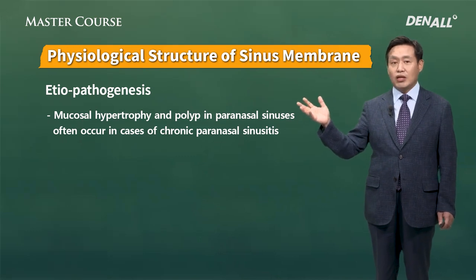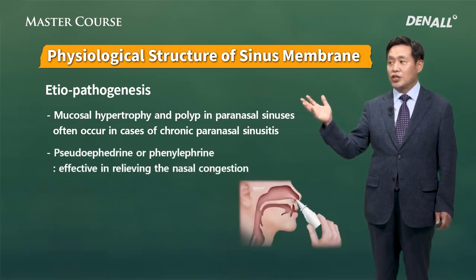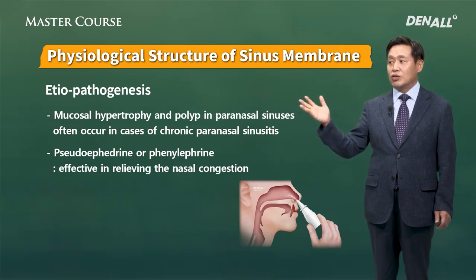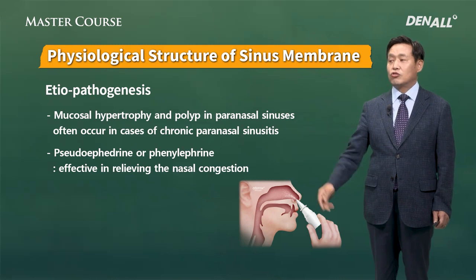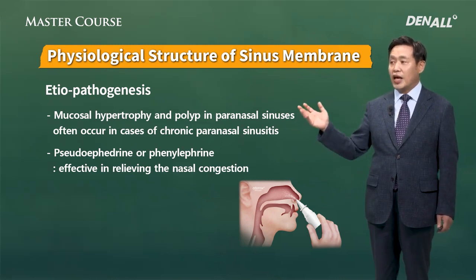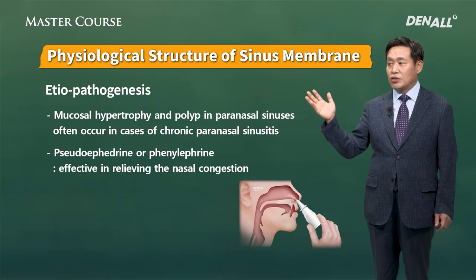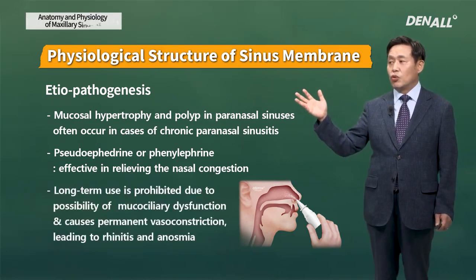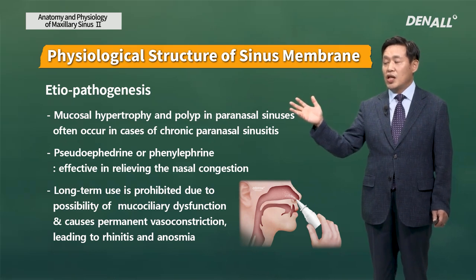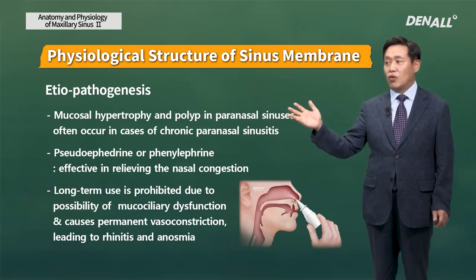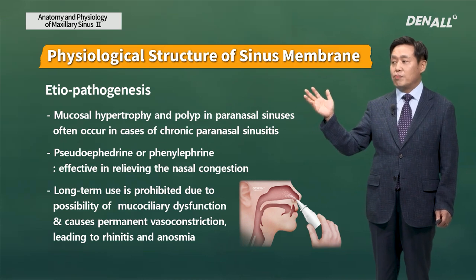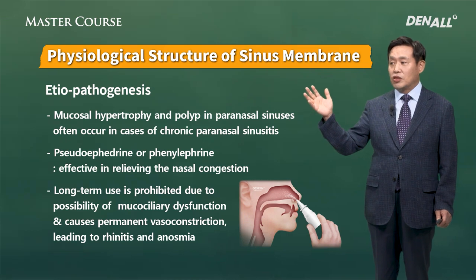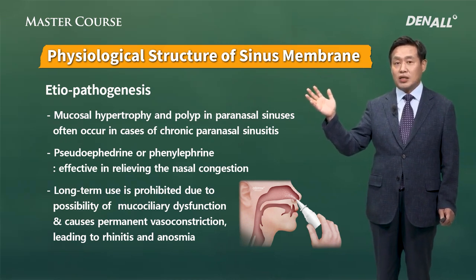paranasal sinusitis. Topical use of pseudoephedrine can effectively relieve nasal congestion. But if you use topical pseudoephedrine for a long time, it can cause mucociliary dysfunction, and it can also cause permanent vasoconstriction, leading to rhinitis and anosmia.